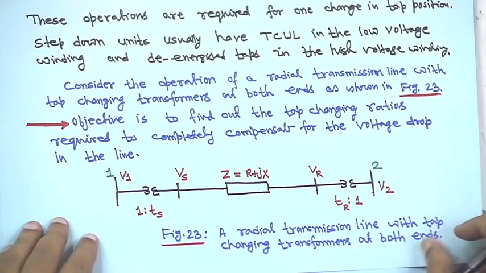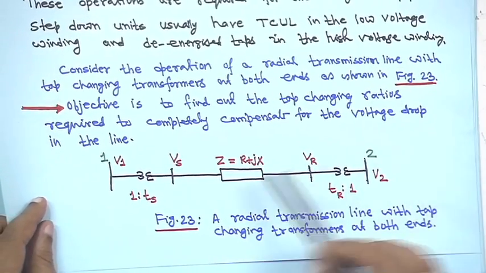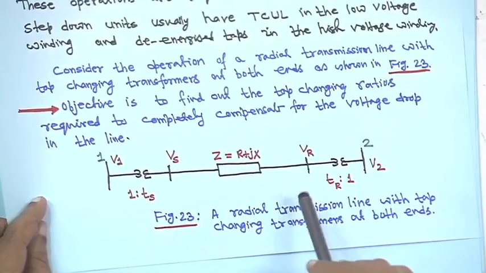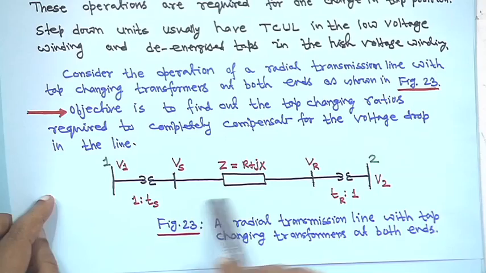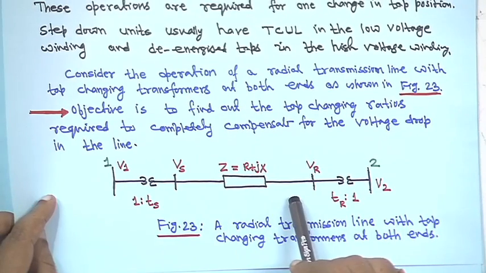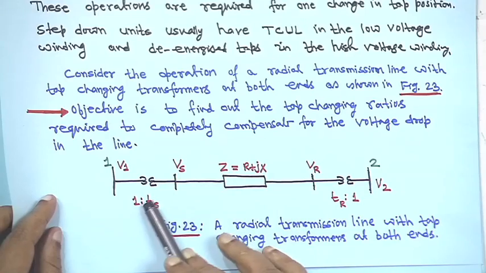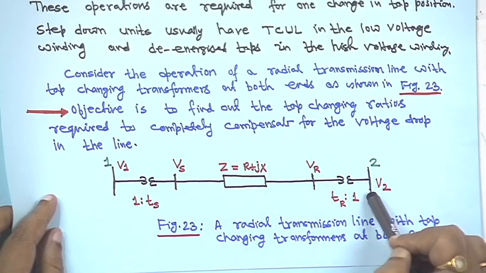Now, for a little further understanding, consider the operation of a radial transmission line. Just for the purpose of understanding, we have taken a radial transmission line with tap changing transformers on both sides, this side and this side. This is the sending end side and this is the receiving end side.